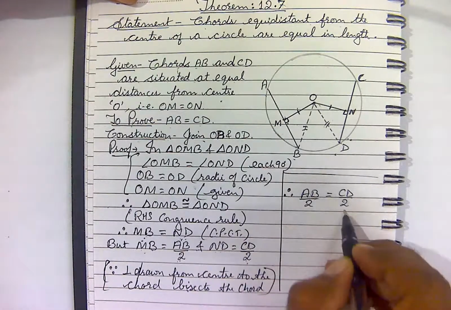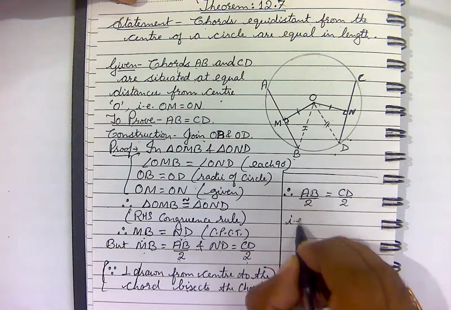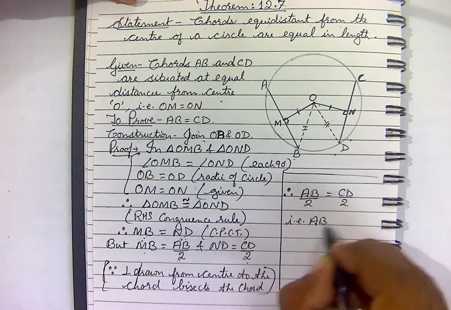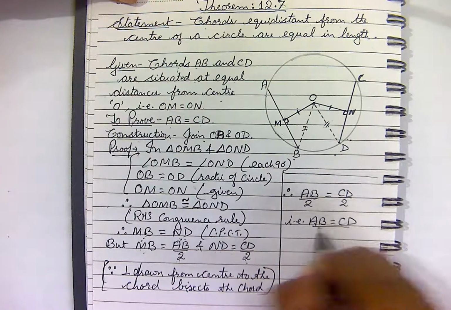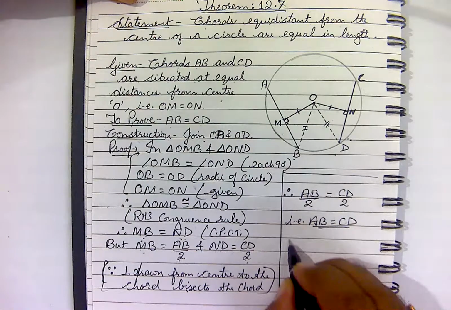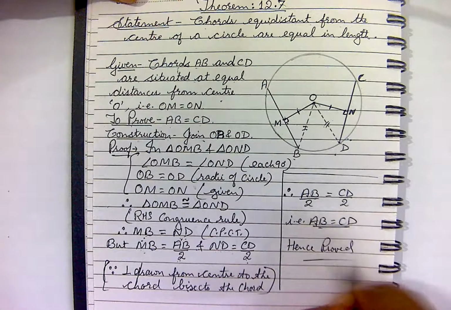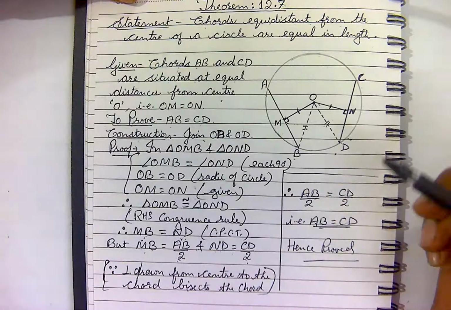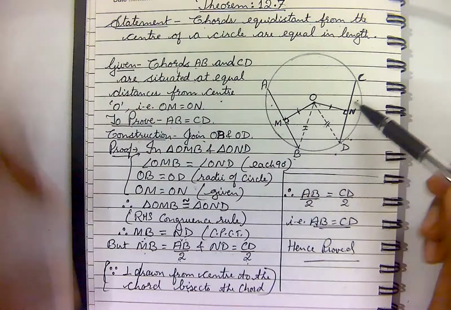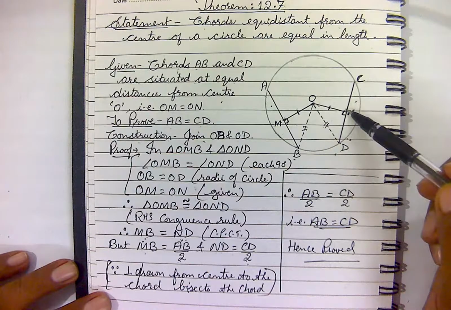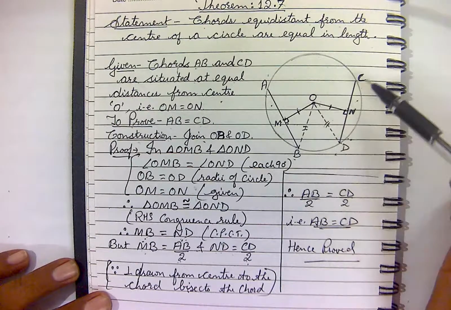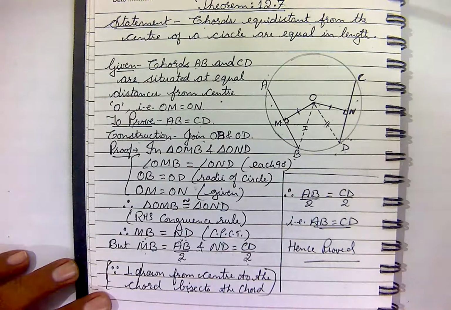Now if halves are equal, then the whole will also be equal. So AB is equal to CD, and this is what we had to prove. So what is proved here is that if there are two chords which are at equal distance from the center, then the chords are also equal to each other.